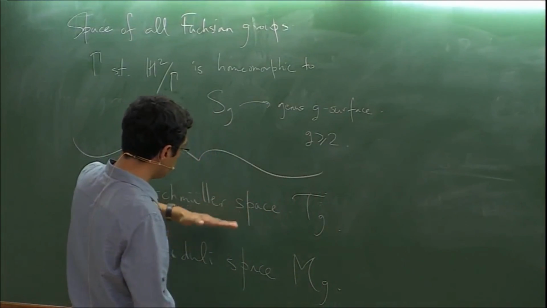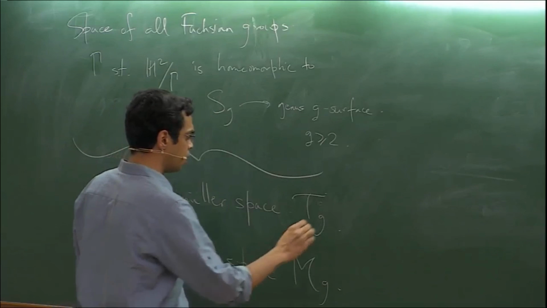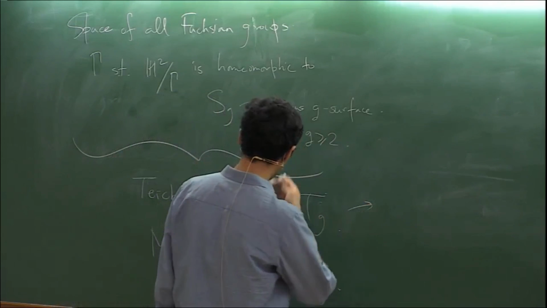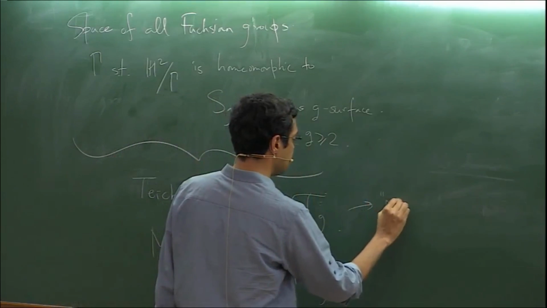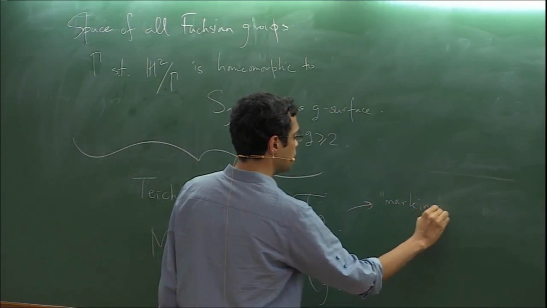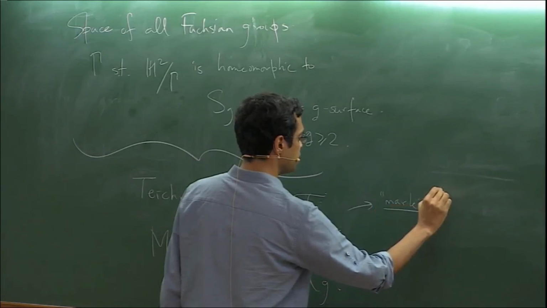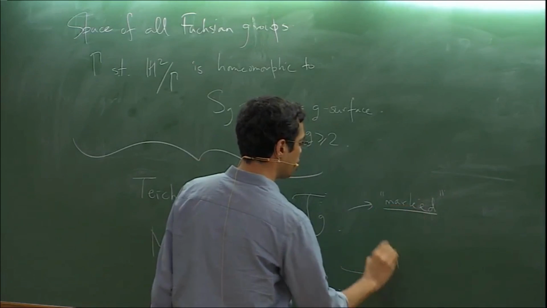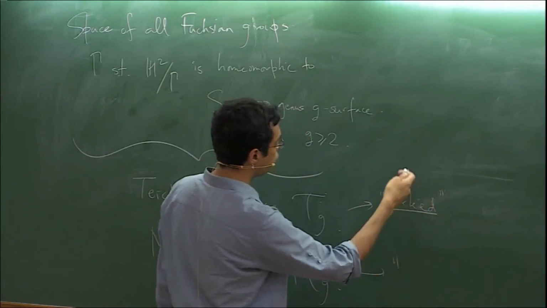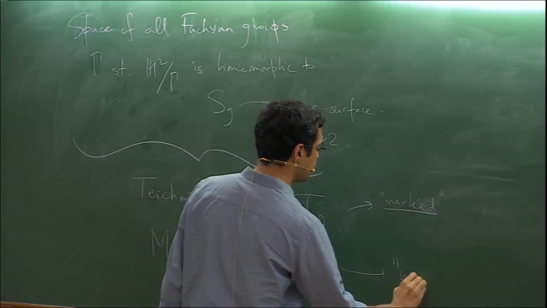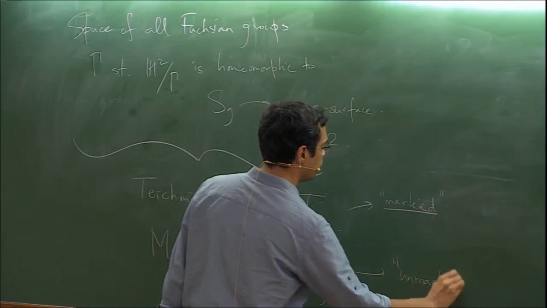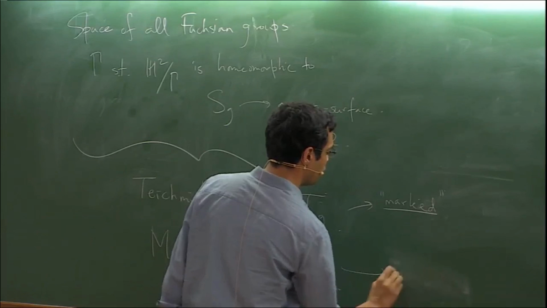And these two differ by something called marking. So I'll sort of indicate now. These are marked surfaces, and these are marked Fuchsian groups, and these are unmarked. Okay, so without any markings.